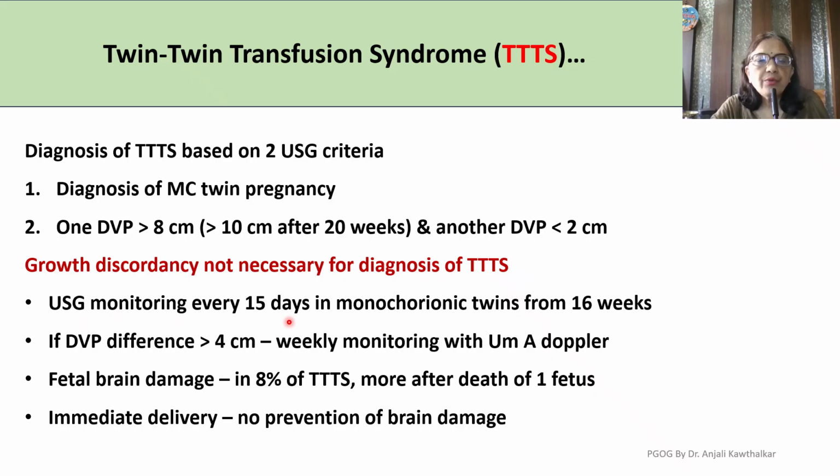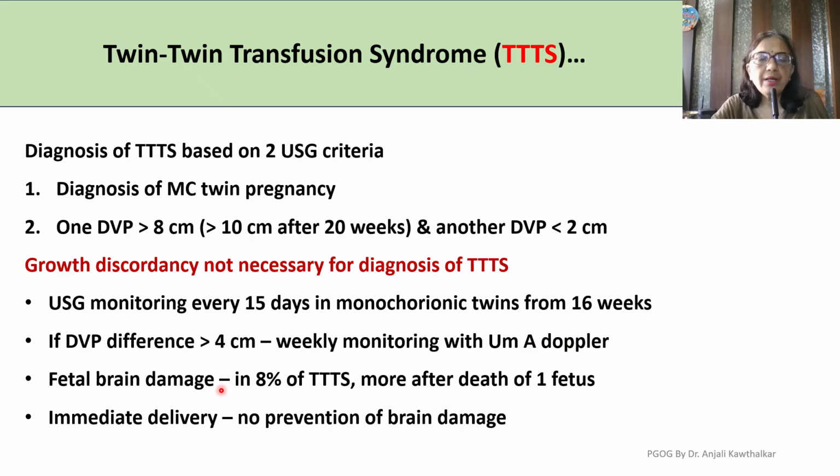USG monitoring every 15 days is to be done in monochorionic twins from 16 weeks onwards to diagnose twin to twin transfusion syndrome at the earliest. Whenever the deep vertical pocket difference is greater than 4 centimeters, then weekly monitoring with umbilical artery Doppler is to be done to know whether the babies are suffering.